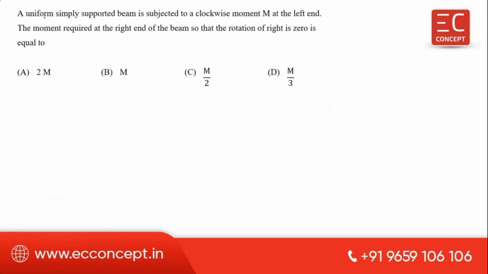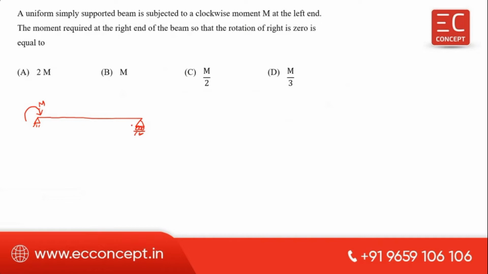Next one is a uniform simply supported beam subjected to a clockwise moment M at the left end. So there was a simply supported beam. The left side there was a clockwise moment M applied. The moment required at the right end of the beam so that the rotation at right is 0.